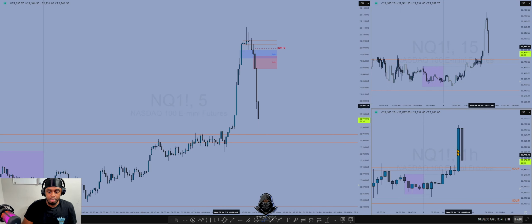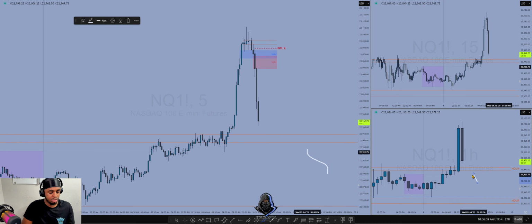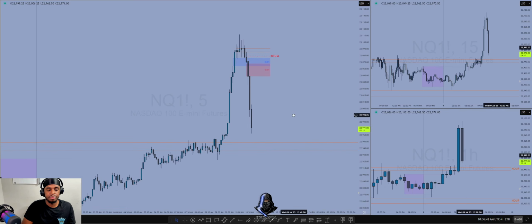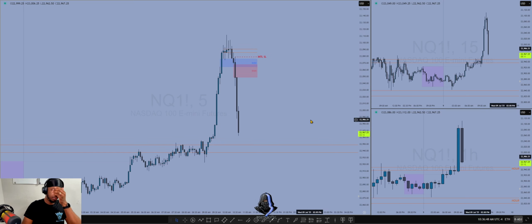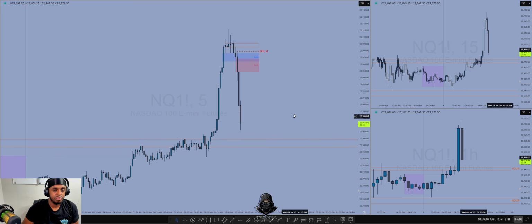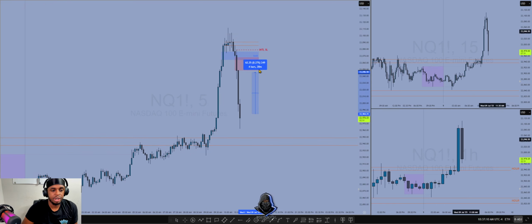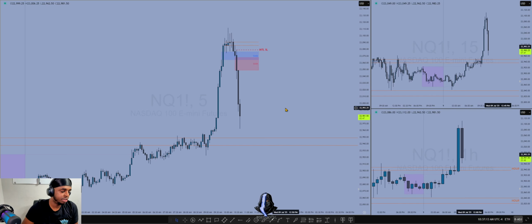Candles like this, where there's a big candle up and a big candle down, I call them railroads. They're like railroad tracks. Will price go back up 60 points-ish?